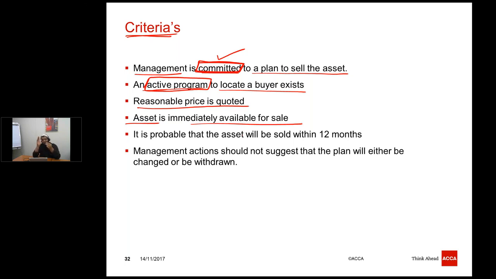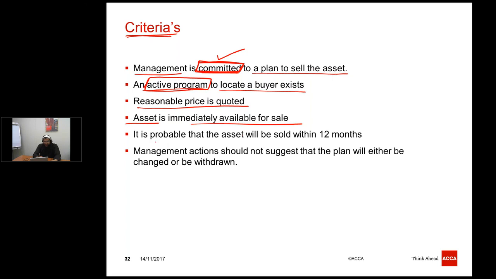I'm going to sell the asset in its existing condition. If I'm using the asset, the condition would change. If I'm repainting the asset, the condition would change. If I'm repairing the asset, the condition would change. So the asset should be immediately available, meaning available in its existing condition. Yes, Hamza, reasonable means market value.